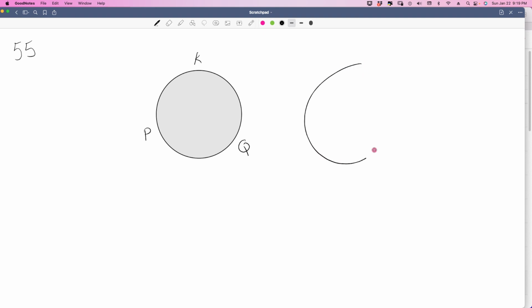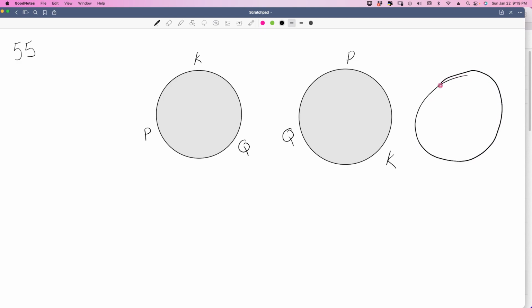Let me draw another circle here. We can move them all to the right. Let's say the king is now sitting here, and the queen is now sitting here, and the prince is now sitting here. They're in different locations, but if you look, they're still in the same order. And if you did it one more time, where they all moved to another chair again, and that's supposed to be a circle, we'll pretend.